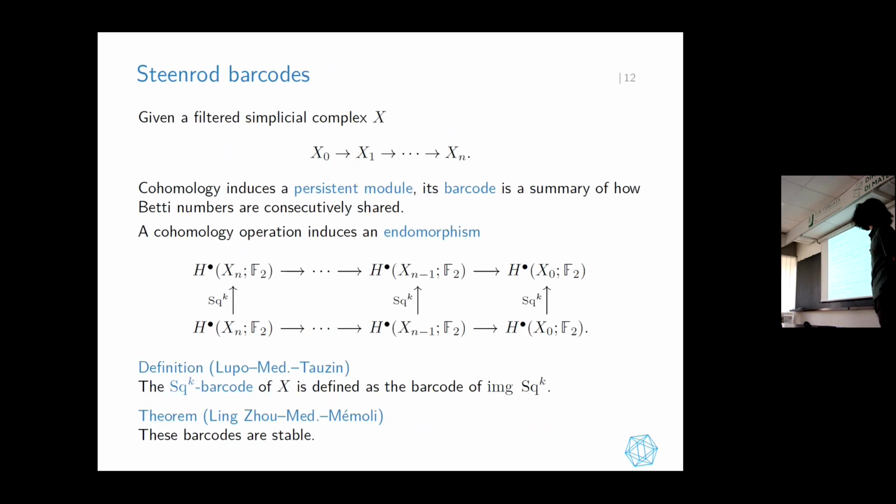Yes, I was just wondering if it's possible. The idea is that you're splitting up into different modules for each K, right? Is there a way to have a persistent thing where you have the Steenrod squares all together in one, almost giving an algebra structure on it, at the level of persistence modules?